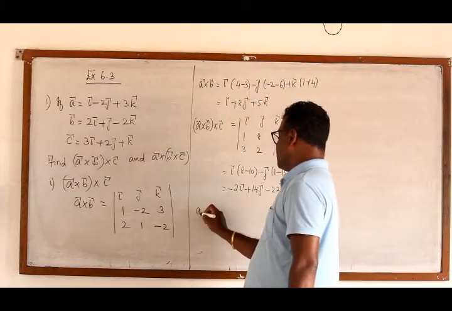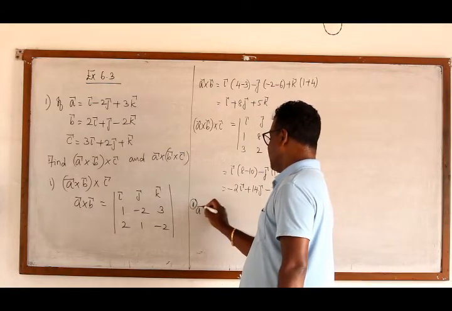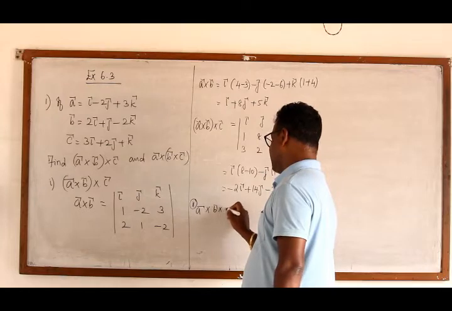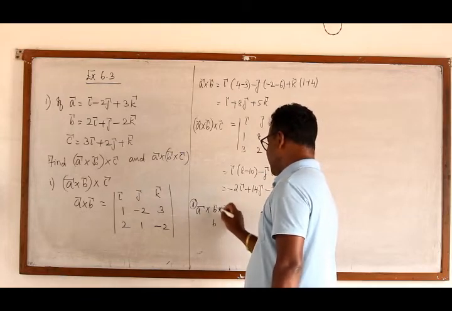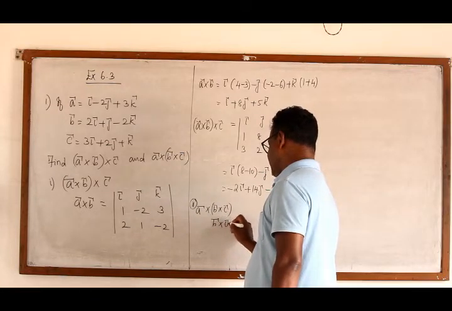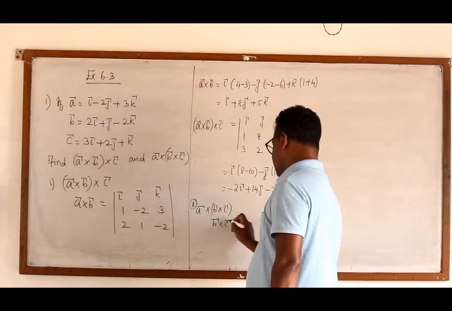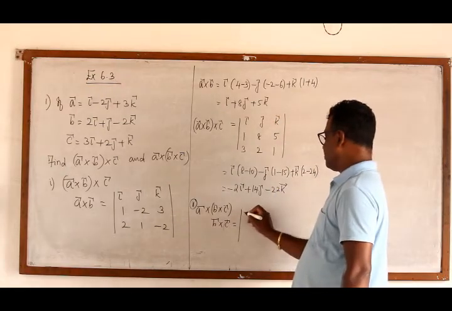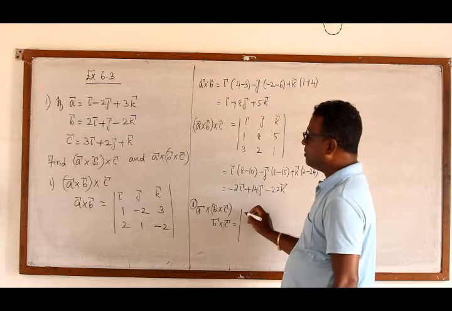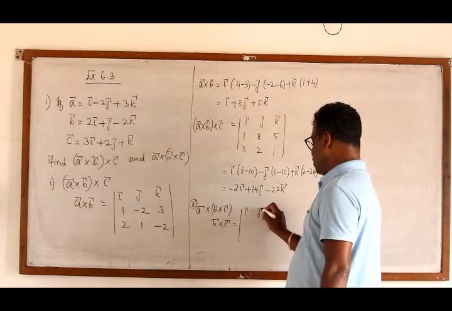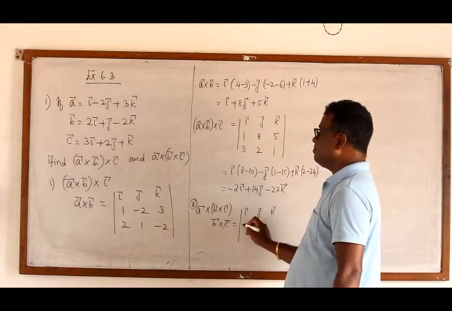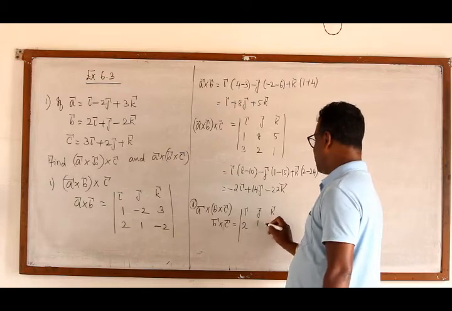Now, second one, A cross (B cross C). So in which bracket first, so B cross C first. It is again determinant, i, j, k the first row. First I must write B vector's components, that is 2, 1, minus 2.